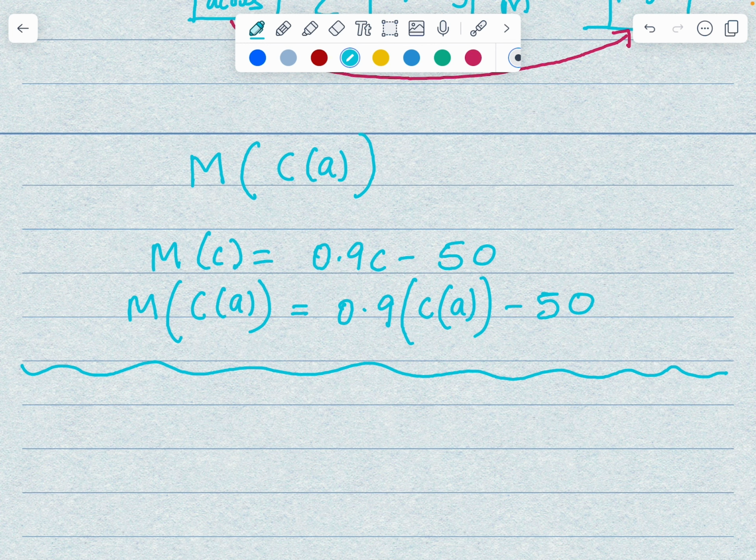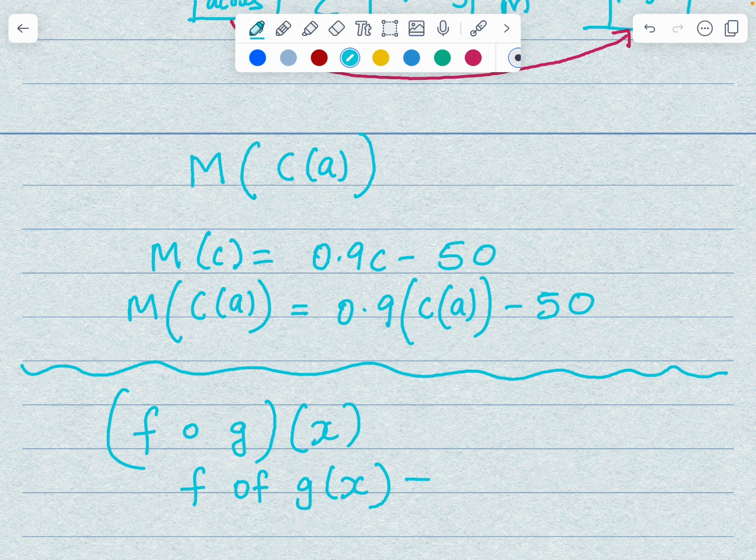Composition of functions is denoted by this little circle, and the way it is read is f of g of x. That is how you read this, f of g of x, and this is the symbol.